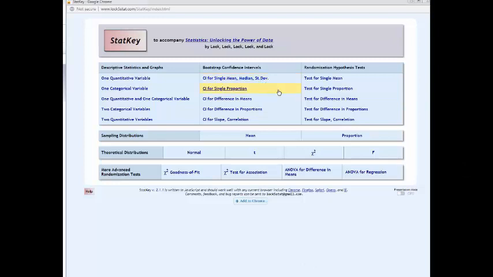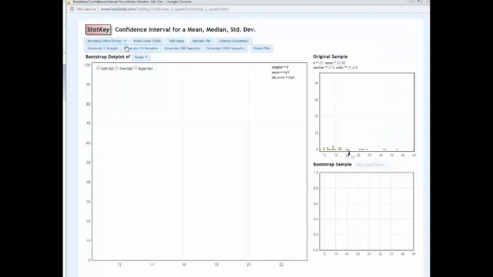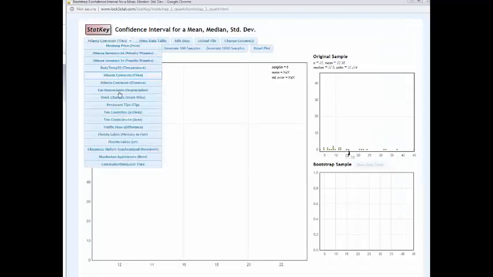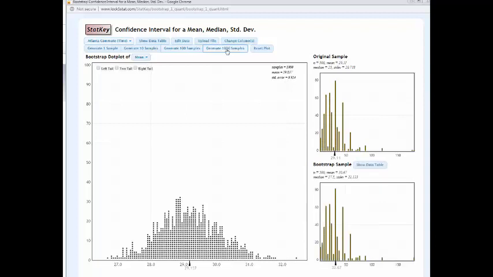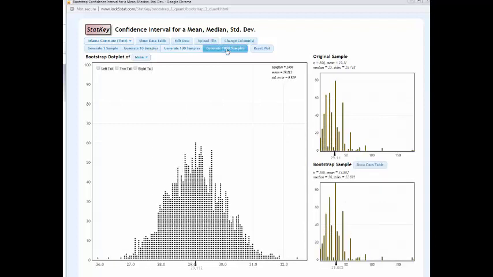So what we're going to do here is look at the relationship between a confidence interval and a hypothesis test. So let's look at some data. And so here's our sample. And I can generate a bootstrap distribution.